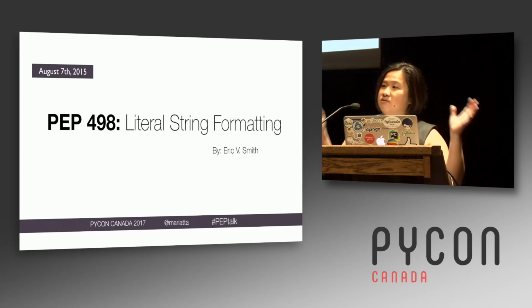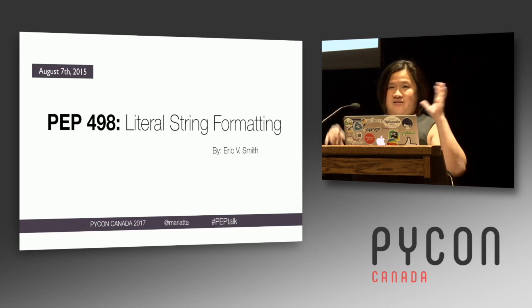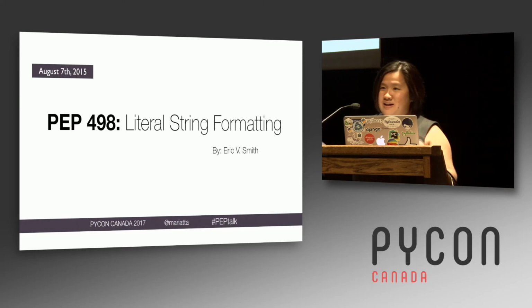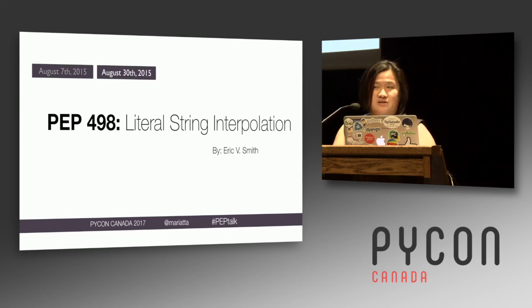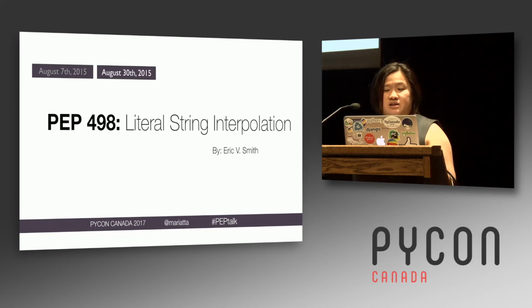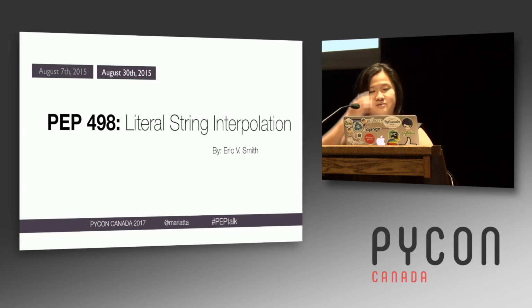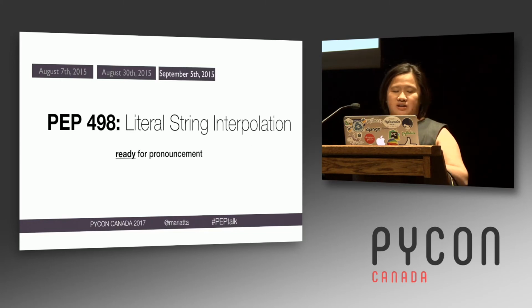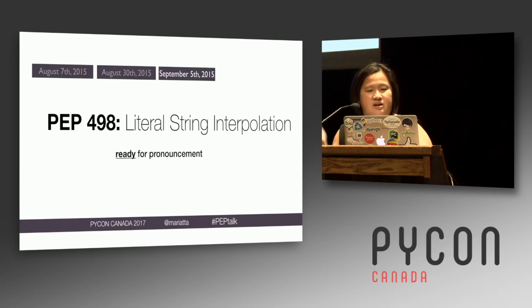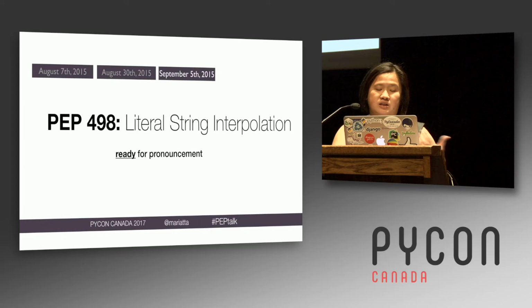All right, so people read it, and everybody had opinions, feedback. There were some typos, fine. They did change the title, so now it's called literal string interpolation. And he kept working on it, and finally, like a month since he first drafted it, he said, this is now ready for a pronouncement.